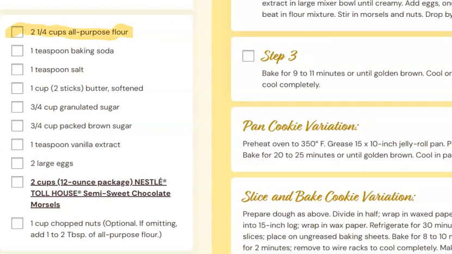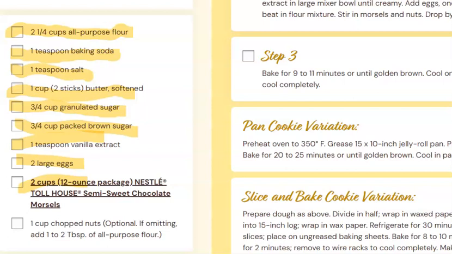Or you could say you get 24 cookies per 1 teaspoon of baking soda, or 1 teaspoon of salt, or per 1 stick of butter, or per 3/4 cup sugar, 2 large eggs, etc. So you can't just say it takes 2 cups to make 24 cookies because it makes all these different amounts to make 24 cookies.